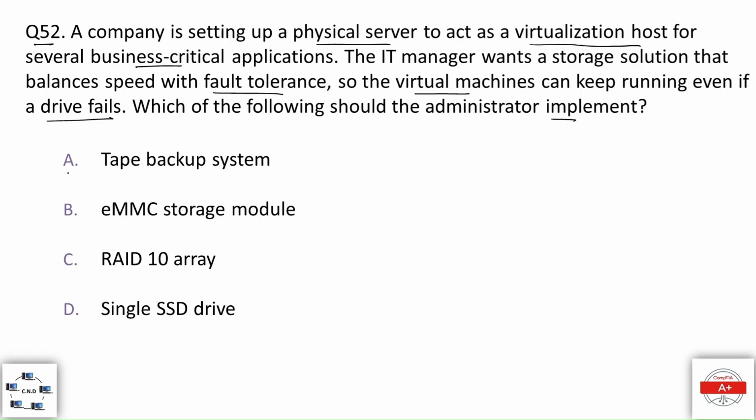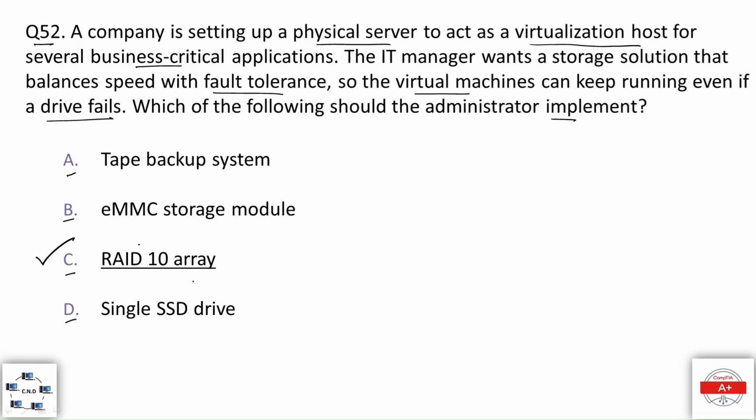So the options are option A, tape backup system, option B, eMMC storage module, option C, RAID 10 array, and option D, single SSD drive. And the correct option is option C, RAID 10 array.